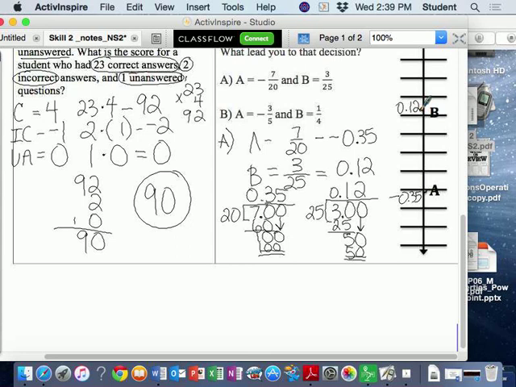So we know that somewhere in here we have a 0 because B is positive, so it's higher, and A is negative.